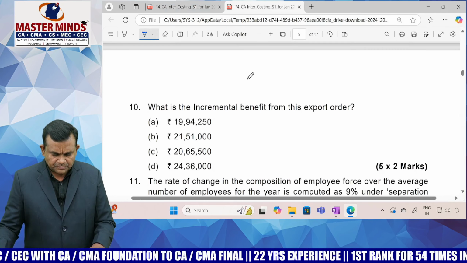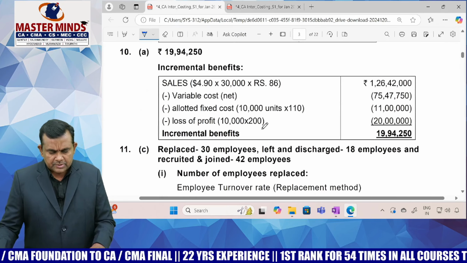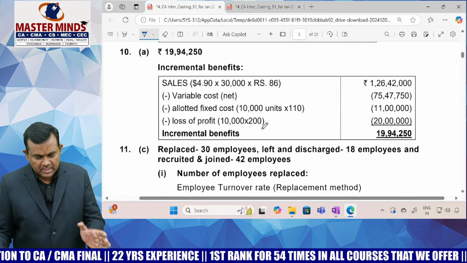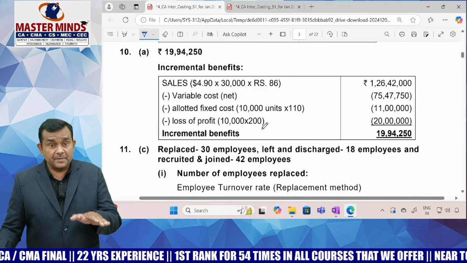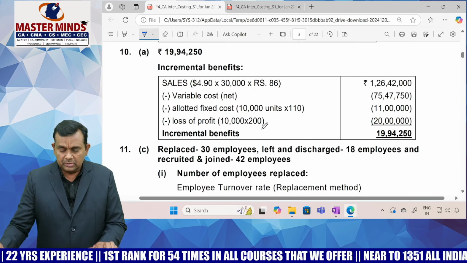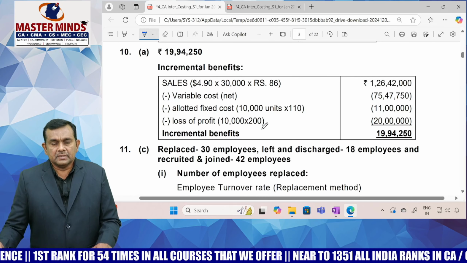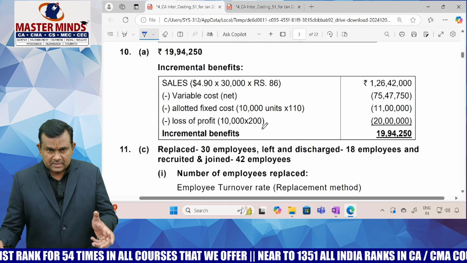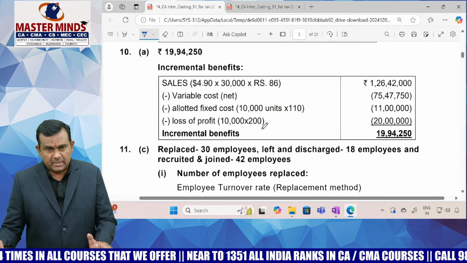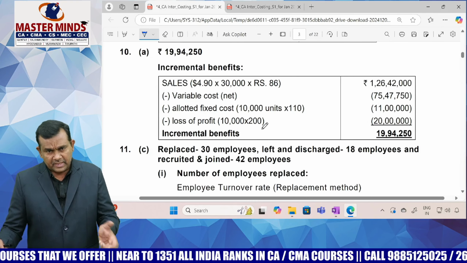Next, what is the incremental benefit from this export order? Incremental benefit means sales less variable cost less allotted fixed cost less loss of profit. That gives incremental benefit equal to 19 lakhs 94,250. Another alternative way is to take the incremental revenue, the foreign sales price less the domestic sales, then less variable cost.